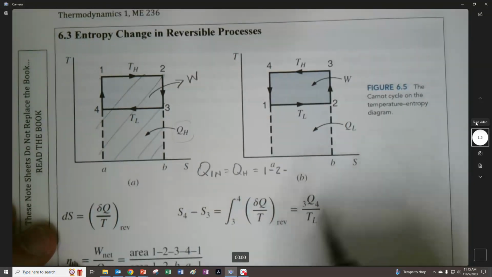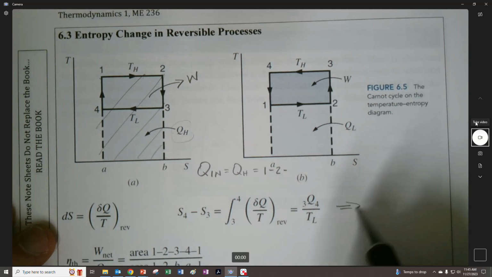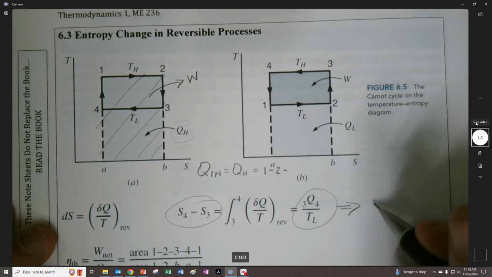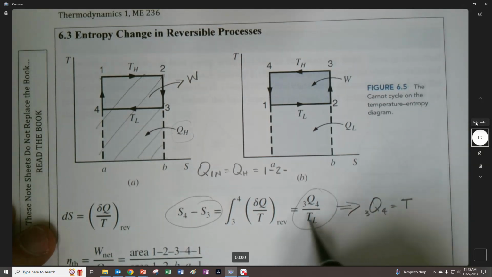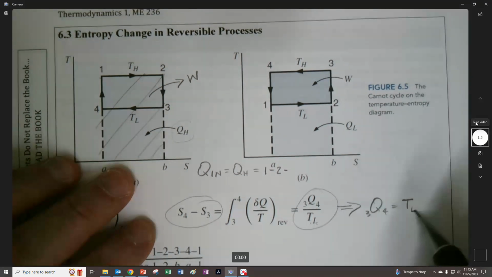Well, they didn't really quite show it right here. Looking in here, we have that and that. So we're going to have that Q3,4 is equal to T, I guess I'll go for the L one right here, times S4 minus S3.